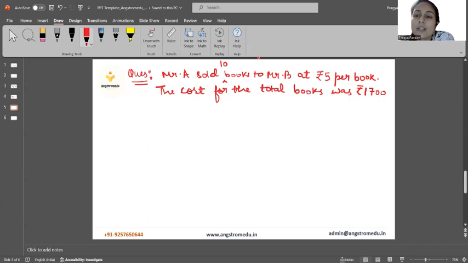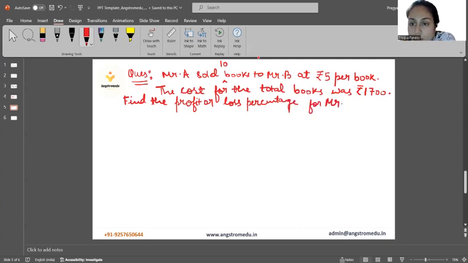Total means in total he was having 10 books with him and he has sold 10 books at 5 rupees per book. Now find the profit or loss percent for Mr. A. Okay, so this is our question.